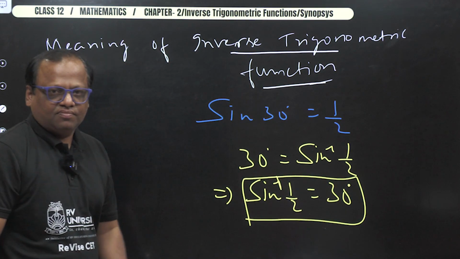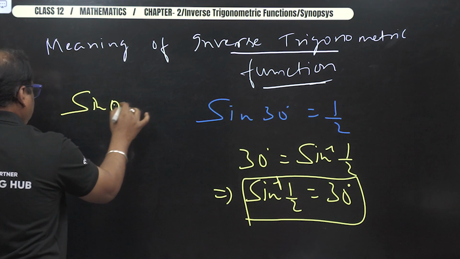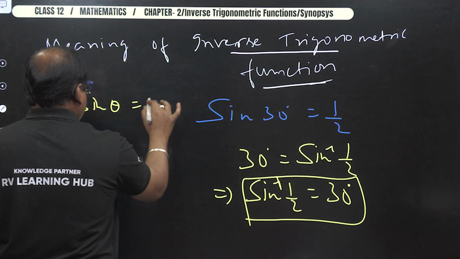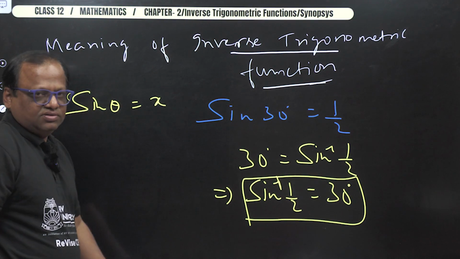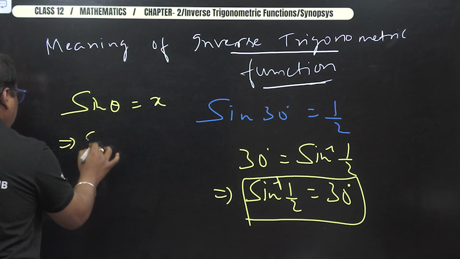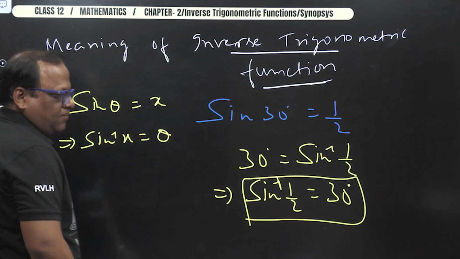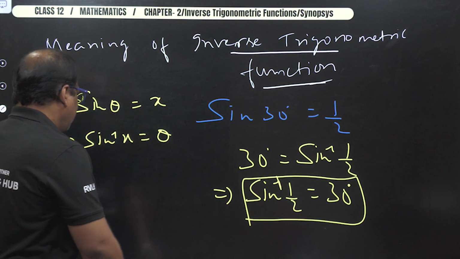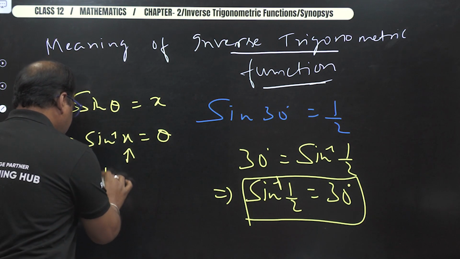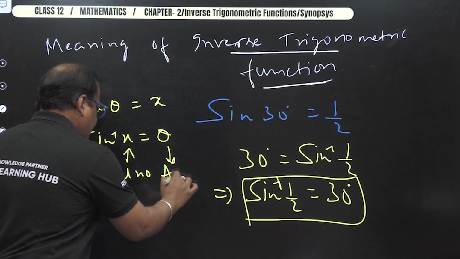Understand this? Whenever we have sine theta is equal to some value x, where x is a real number, this implies sine inverse of x is equal to theta, where x is the real number and theta is the angle.